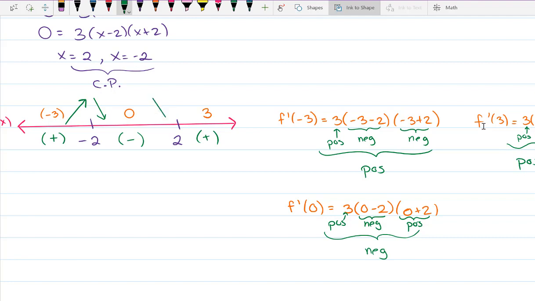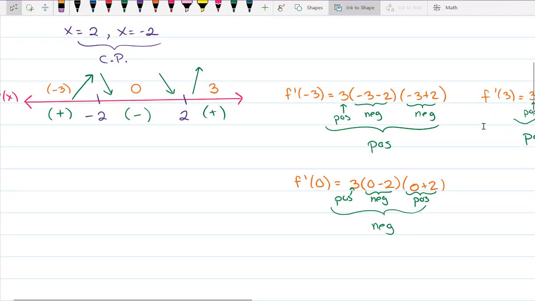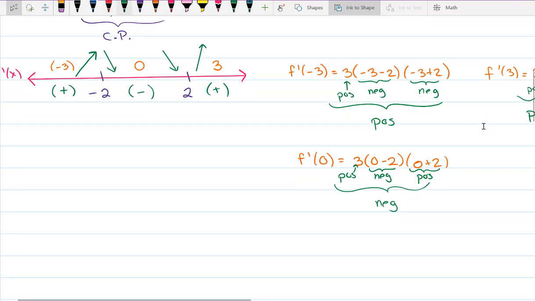Now just looking at my arrows, you can kind of tell where the max and the mins are going to be. So now what we need to do is determine the values. To do that, we're going to take these values right here and plug them into our original function. This is going to tell us what the y value is at that x value.